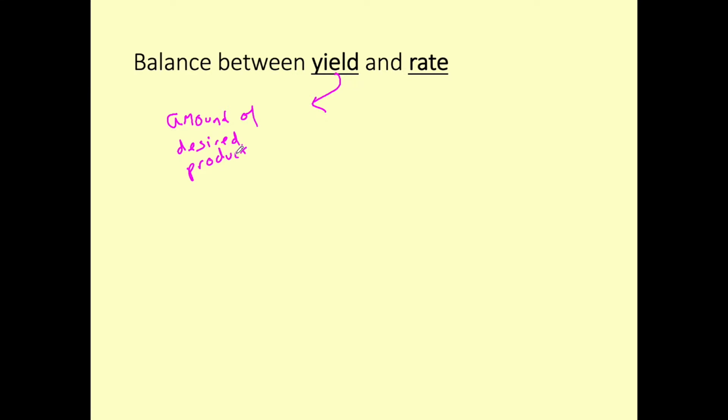So considering why we're actually doing the reaction, what do we want out of it? Often it will be thinking about it favouring the forwards reaction. So a high yield will mean that our forwards reaction is favoured, as typically that's where our product will be from. Whereas with our rate of reaction, we're considering how quickly the reaction happens.